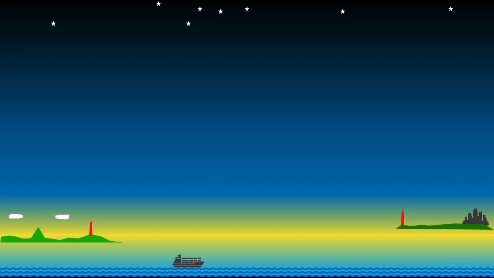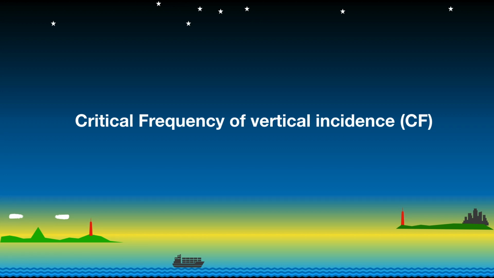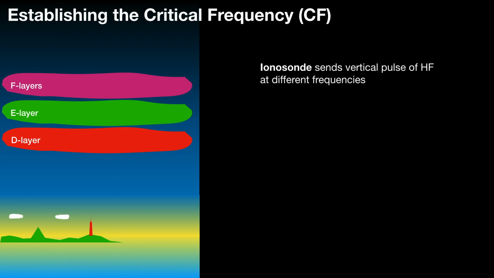So now let's have a quick look at the critical frequency of vertical incidence and what that means. Well, let's see how it's measured. And again, you don't need to know this for the advanced course, but it's good background to see what's happening. So an ionosonde sends a vertical pulse of HF at different frequencies up vertically to these layers, the F, the E and the D layers, as shown on the graphic on the screen.